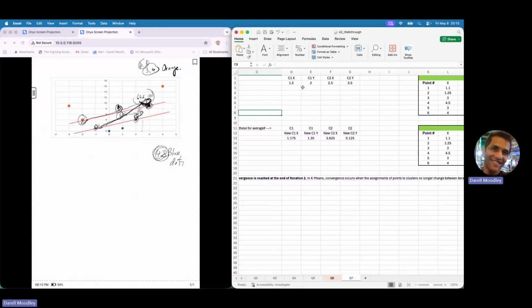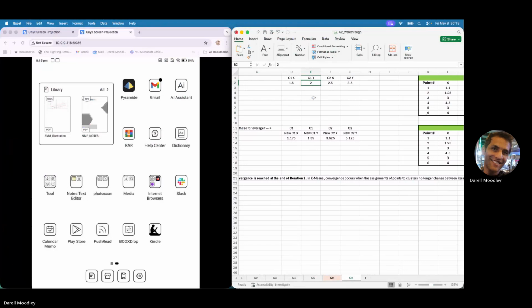Each centroid has a center. You're given 2 centroids.